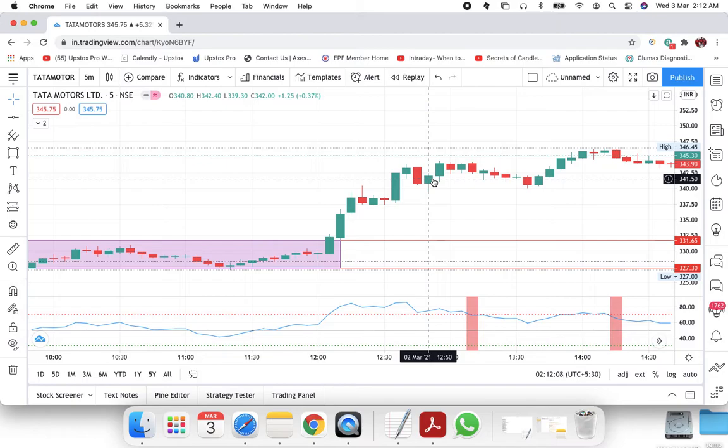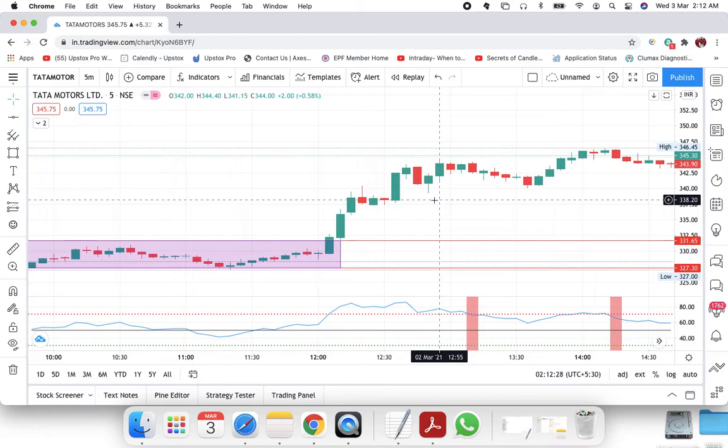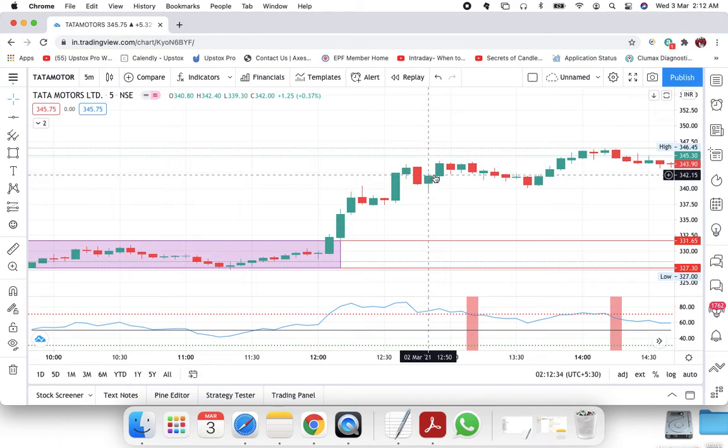If you are ready to take risk, then wait, because the next candle gives the confirmation to exit. If the next candle is a red one and it closes below this candle's low, then we should exit. But the next candle is a green candle, so we can still hold our position.